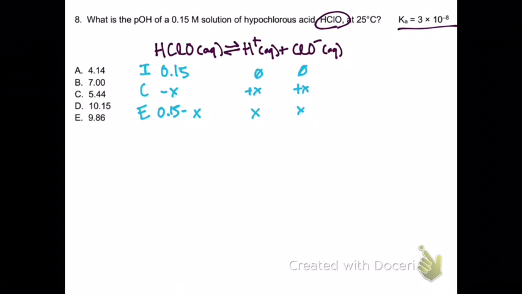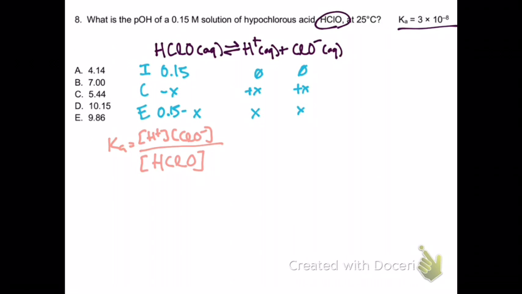We have to write out our equilibrium expression, which is Ka is equal to products, which is H+ and ClO-, over reactants, the HClO. So now let's plug in our values.